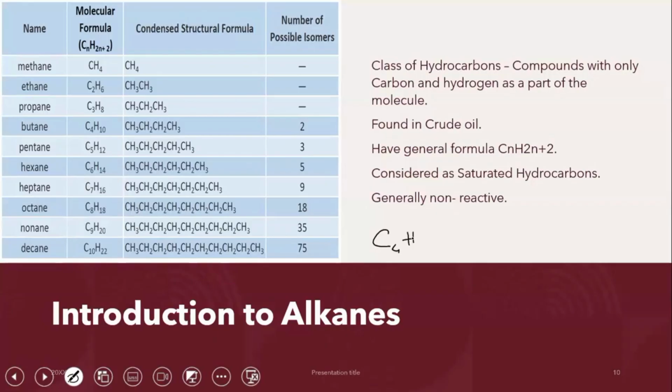I will take 2 multiplied by 4 and plus 2, which gives us the formula C4H10, right? Then do remember that these are saturated hydrocarbons, meaning that they only have single covalent bonds present. That's it.